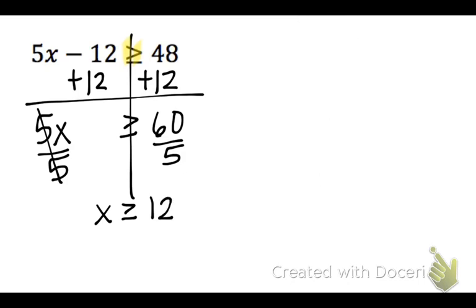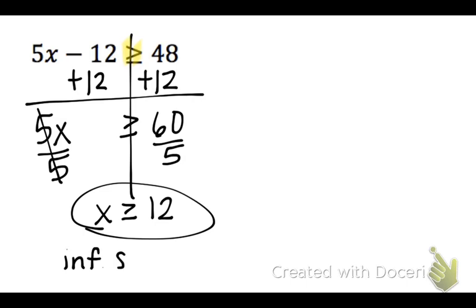Now, based on our first few examples, you actually know that this statement, while it looks like one solution, actually represents infinite solutions. I'm going to write it in shorthand. Infinite solutions. X can be any number that's greater than or equal to 12. So we know the numbers that are greater than 12: 13, 14, 15, 16, 17, 17.1, 17.2, 17.3, etc. The difference here is that there is an or equals to on the bottom here.